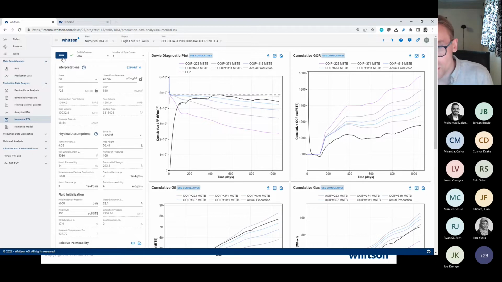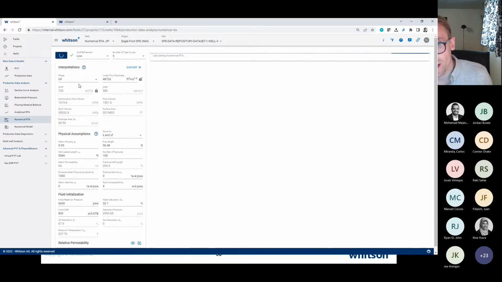And then you simply just rerun the cases and your interpretation technique is still the same. You just drag this line up and down to find an LFP that makes more or less sense and an OIP that makes sense. And you've done your job when it comes to the numerical RTA workflow.